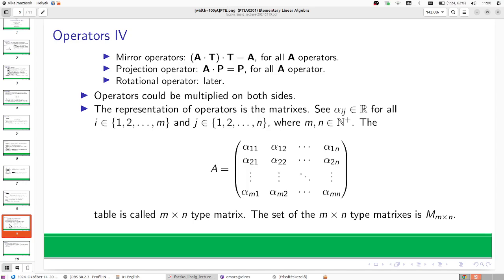So in this definition, you have a real number, and two non-negative, non-zero numbers, m and n. And then you have this table.